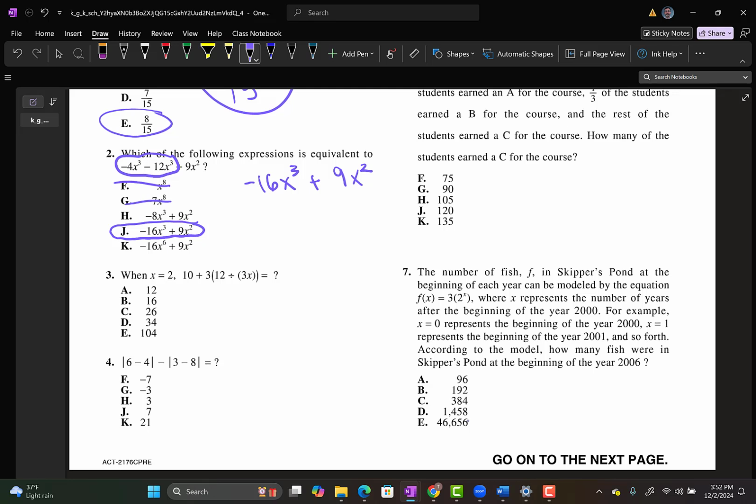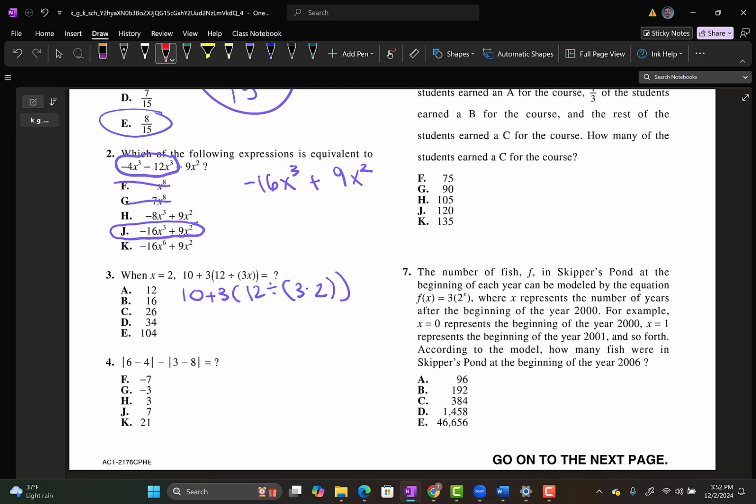Number 3, when x equals 2, what is 10 plus 3, parentheses 12 divided by 3x? So I'm going to do this first with no calculator and then quickly with a calculator. So we want to work our way inside out with these parentheses.